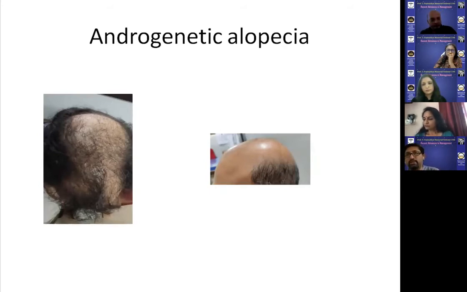So the mainstay for me is topical minoxidil and finasteride. Most of my patients are willing to take finasteride tablets. What I tell them is, I'll give you finasteride till you show good improvement. Then I'll make it weekend therapy, Saturday and Sunday, when they take finasteride tablets.